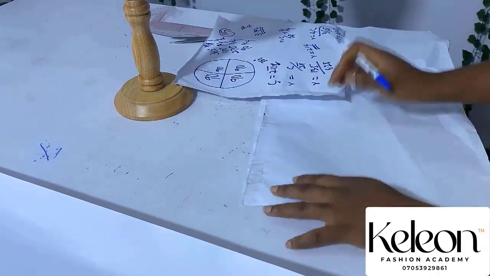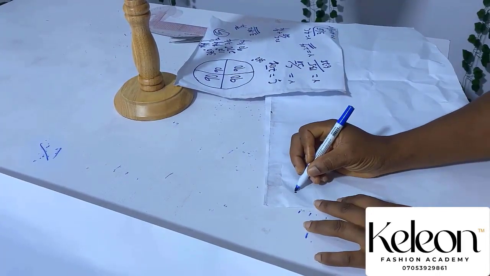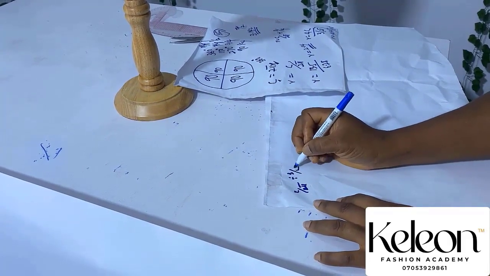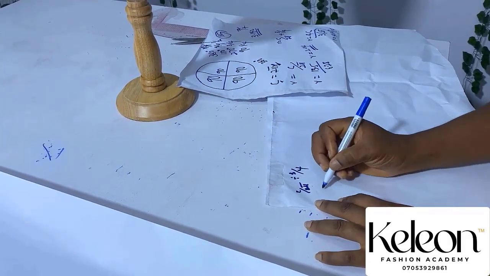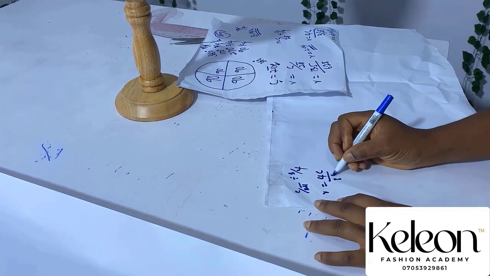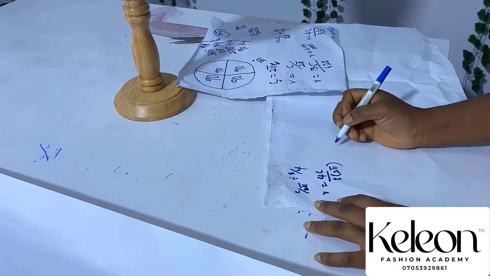So we have C over 2 pi divided by 3 over 4. Then we have that R equal to 4C over 3 in bracket 2 pi.